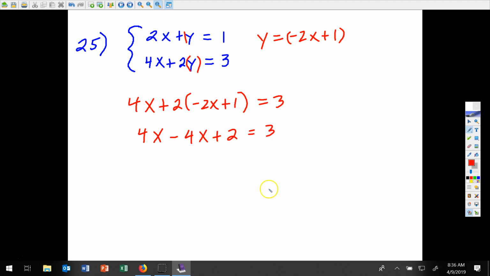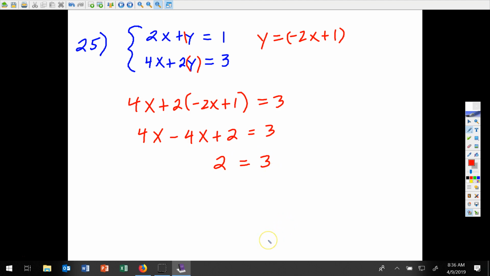And we get a weird answer. Because what happens to the x terms? They cancel. And what is left is not true. 2 does not equal 3.